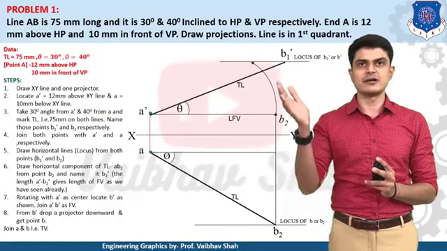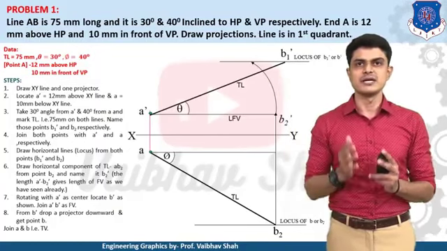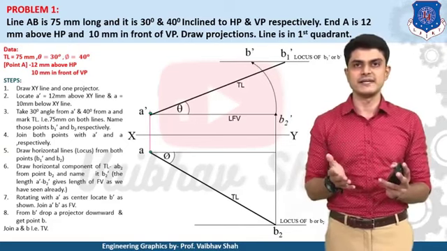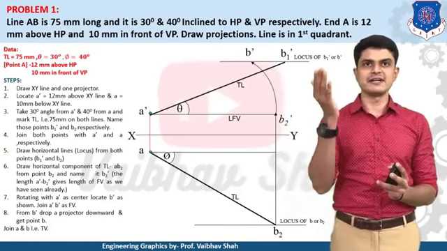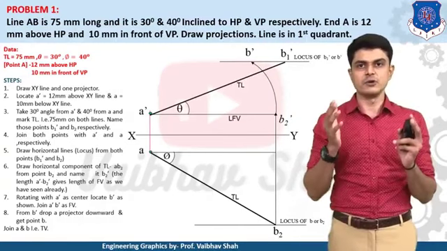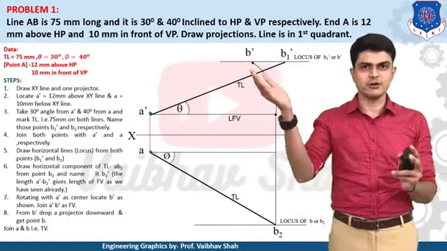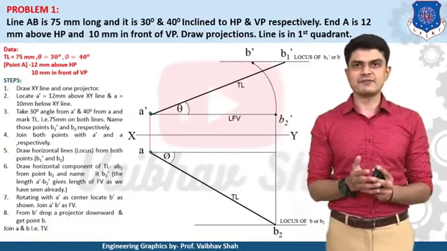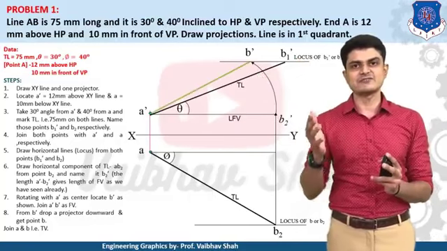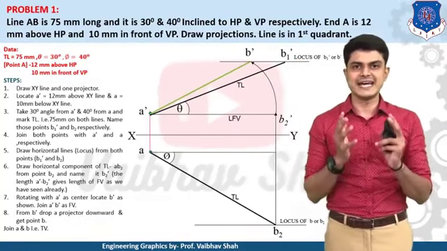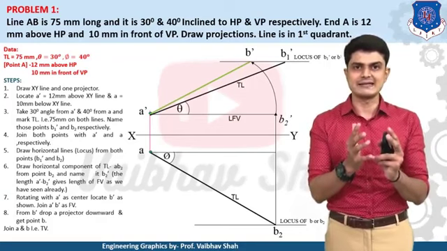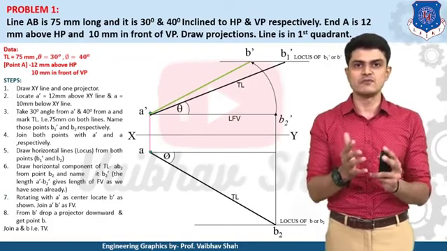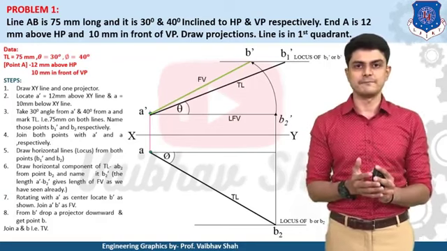The arc intersects the horizontal locus, and this point is B dash, because B1 dash and B dash lie on the locus. After getting B dash, connect B dash with A dash by a straight line. That is why it is known as the front view. Let us write down front view there.